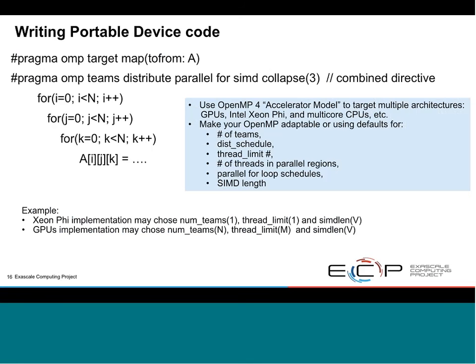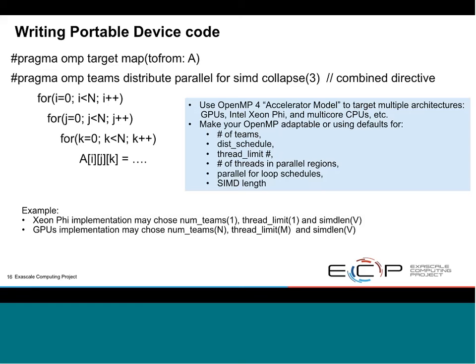So one thing before we move to the second part of the webinar is just to remind you that if you want to write OpenMP portable code in your accelerator, you need to be able to describe all these different types of parallelisms available in OpenMP target.